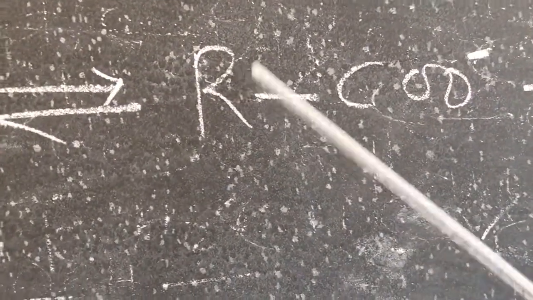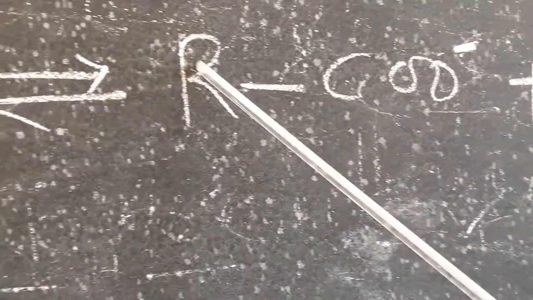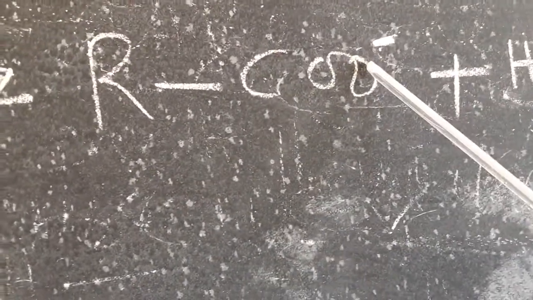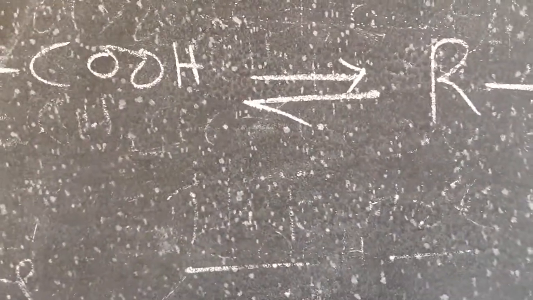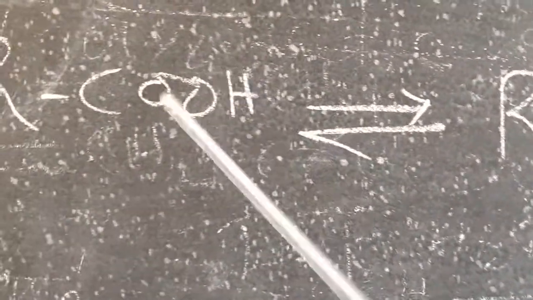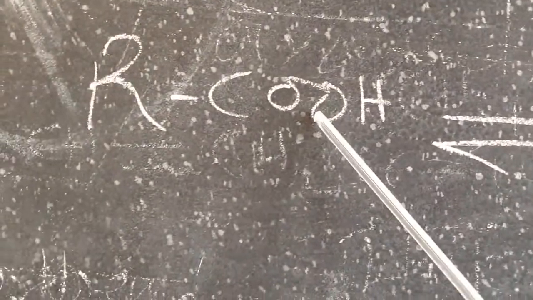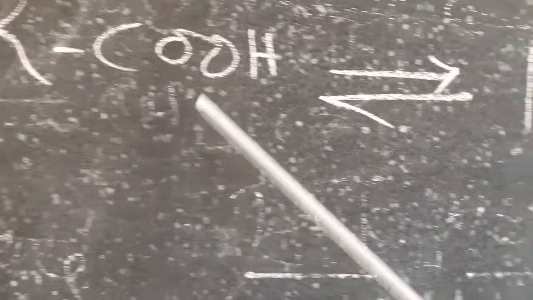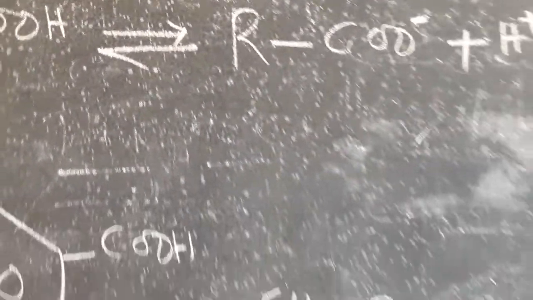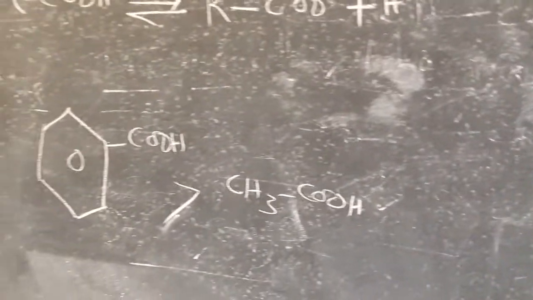If it is an electron donating group, it will be destabilized. If it is destabilized, naturally the ionization cannot take place. The back reaction will predominate, and the forward reaction is not predominant. So in such cases, this compound will show a decrease in acidity. I think it is clear.